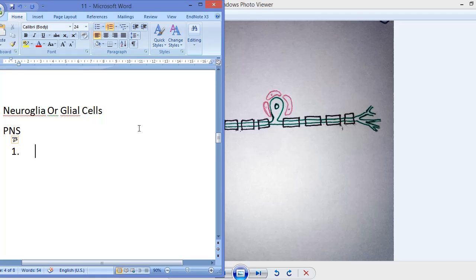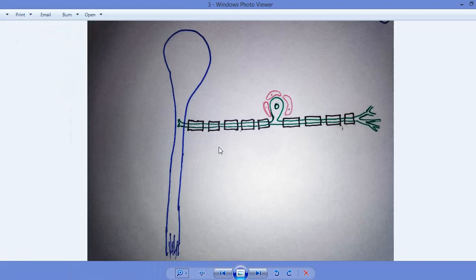Number 1, the Schwann cells. The Schwann cell produces myelin sheath all around the axon, at the internode section of the axon. But you should keep in mind that the myelin sheath is not produced by only one Schwann cell.